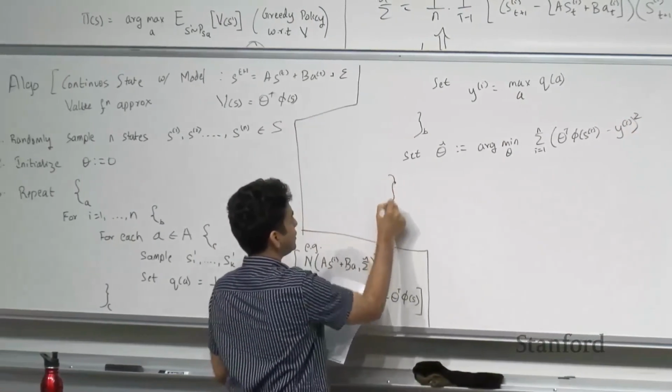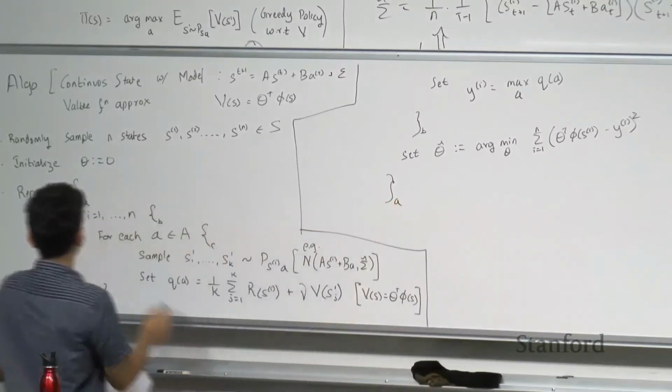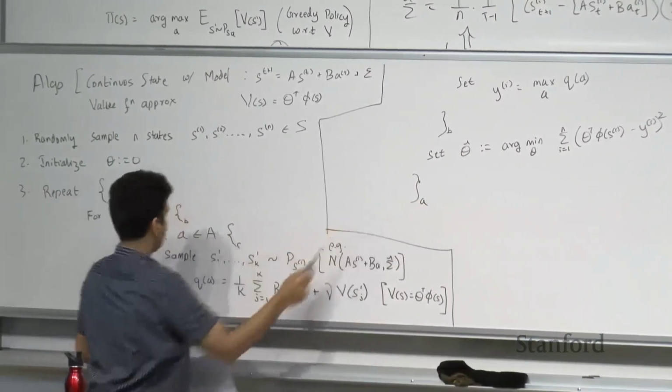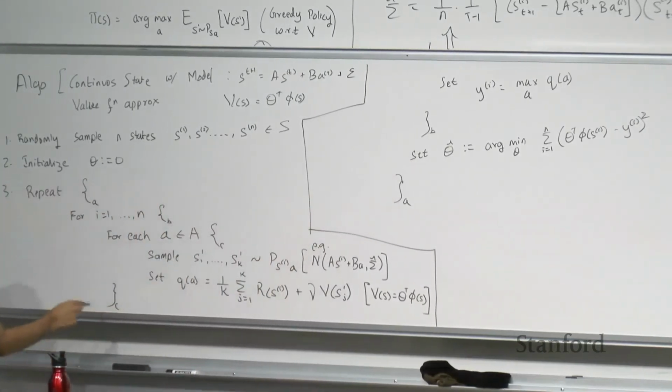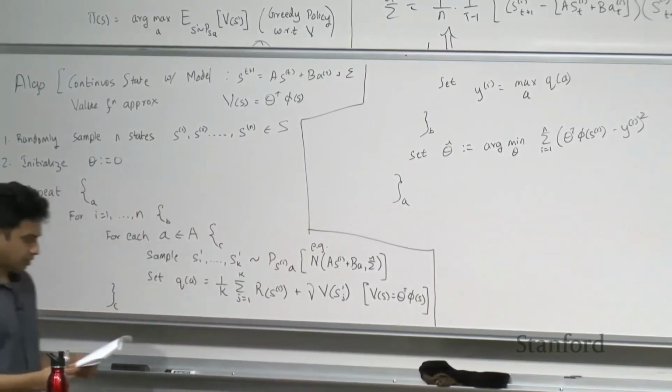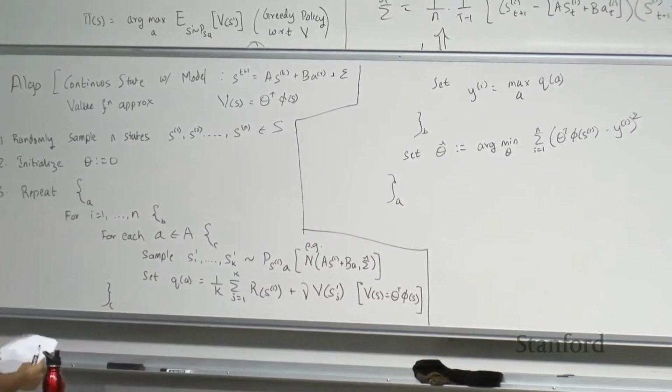This is finish A, right? So start A ends with finish A, and start B ends with finish B, and start C ends with finish C. So what's happening here?